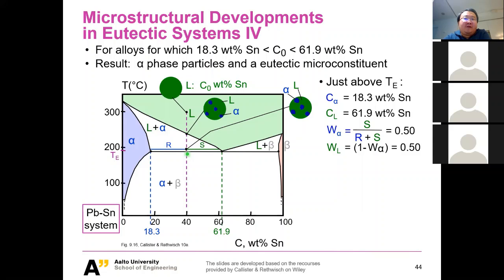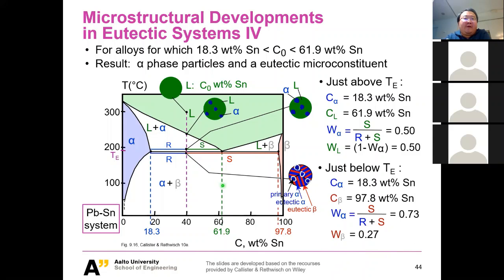But what is interesting is what happens after we enter this phase. As you can see here, almost before we reach this eutectic line, you have your alpha. You have the alpha formed as it is.